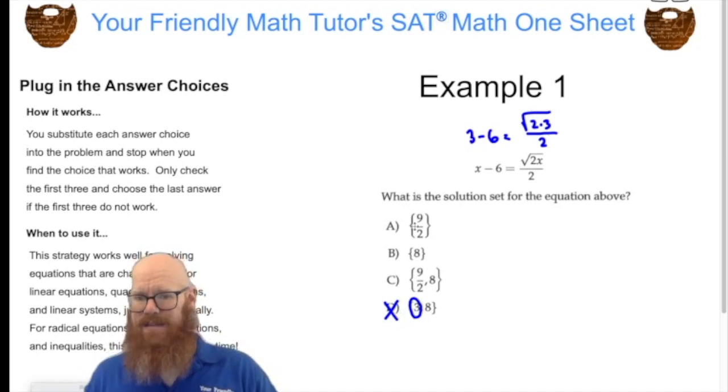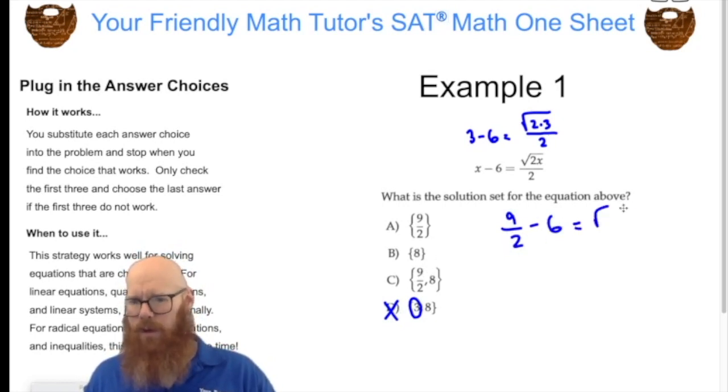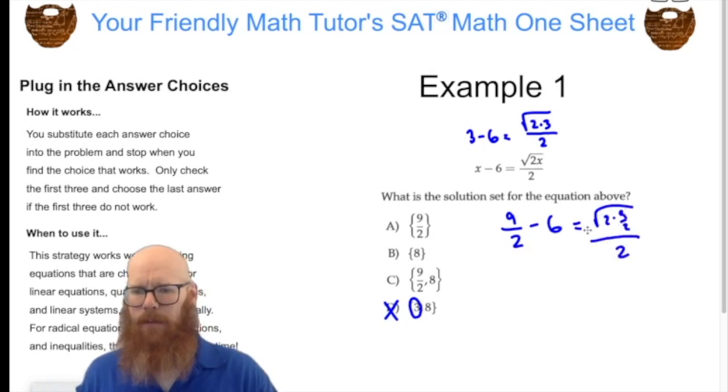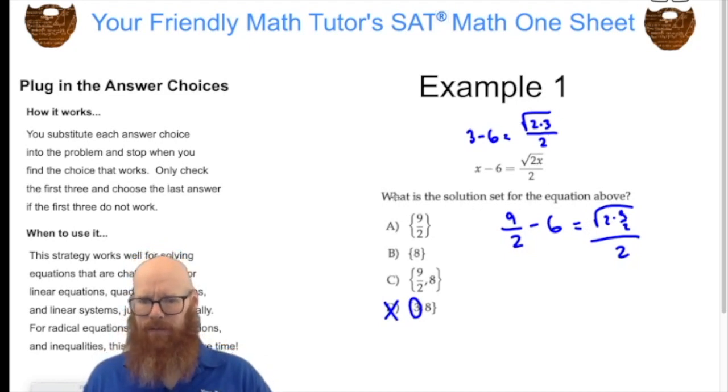Likewise, 9 over 2 isn't going to work either, because 9 over 2 is like 4.5. Minus 6 is also a negative number. So when I do the square root of 2 times 9 over 2, there's no way that they can be equal, because the right side will be positive and the left side will be negative. Then I can get rid of the ones with 9 over 2 in it. So the answer choice must be 8.